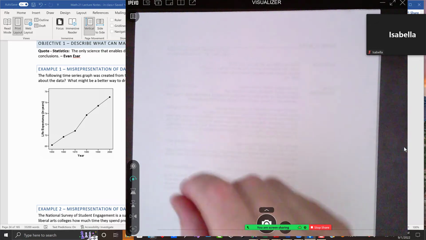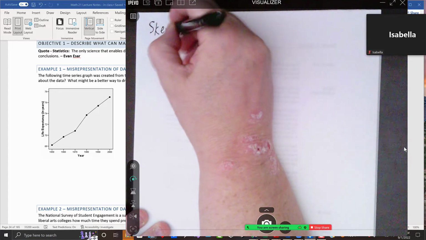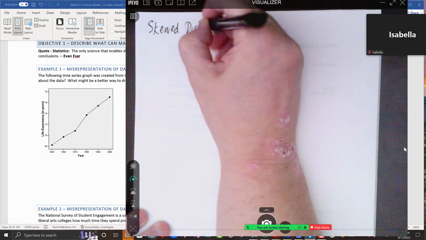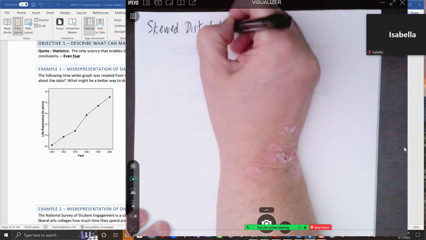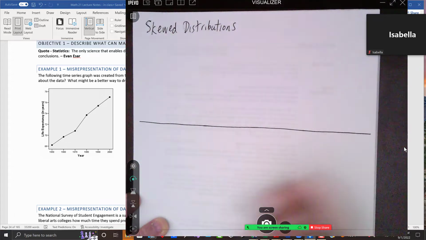And we've got two more major distributions, and they're the skewed distributions. So let me just draw them. We have our line along the bottom for both of them.